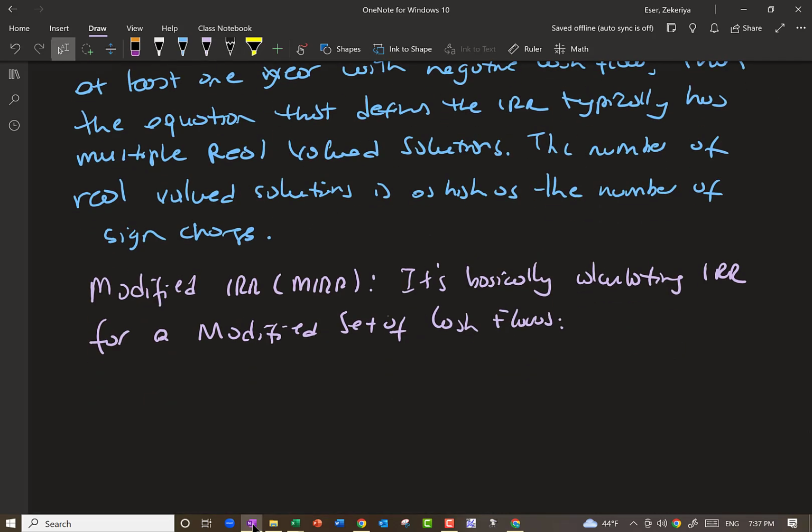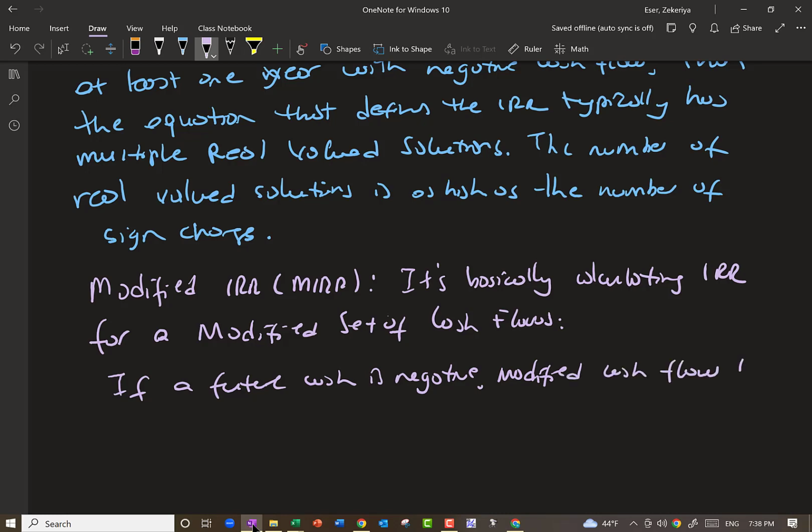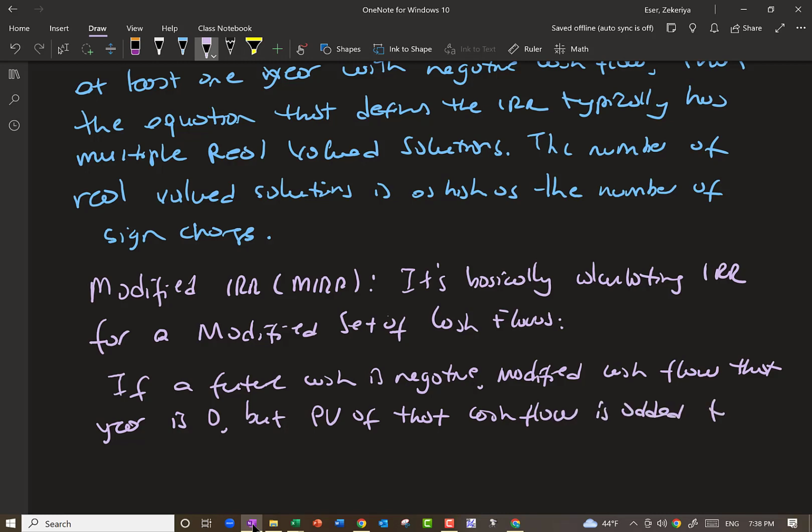What we're going to do is, if a future cash flow is negative, the modified cash flow for that year is 0, but the present value of that cash flow is added to the period 0 cash flow.